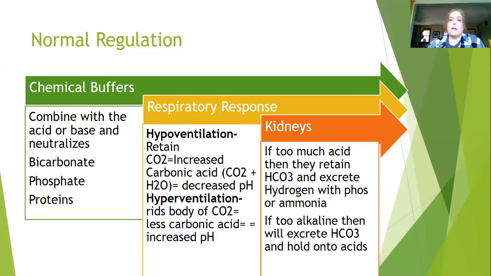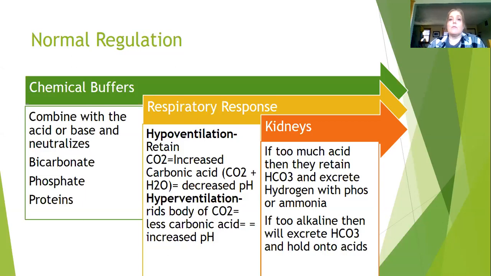When we hyperventilate, we're getting rid of CO2, and then that causes us to become more alkaline. So this respiratory response is a normal response to fix things. We're going to learn in class next week about how a respiratory problem with your patient can actually cause an imbalance. In this case, we're talking about the normal response.